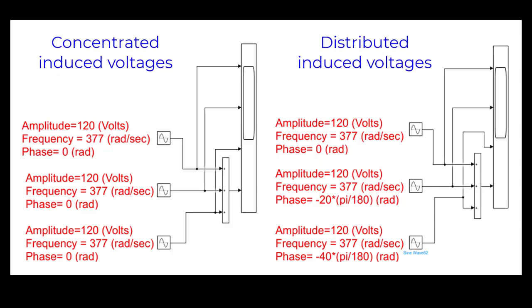This MATLAB Simulink model shows how to simulate the difference between the distributed and concentrated back EMF induced voltages. We highly encourage you to perform this simulation model to understand the difference. Basically, this example simulates the three coils induced voltages of the concentrated and distributed coils.